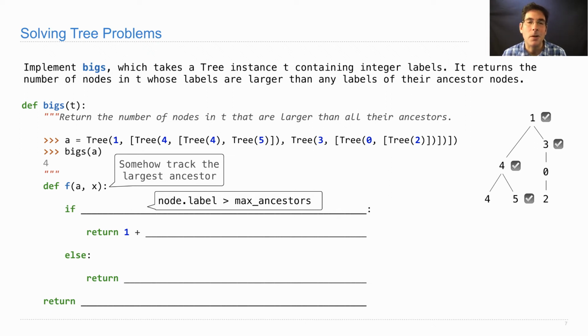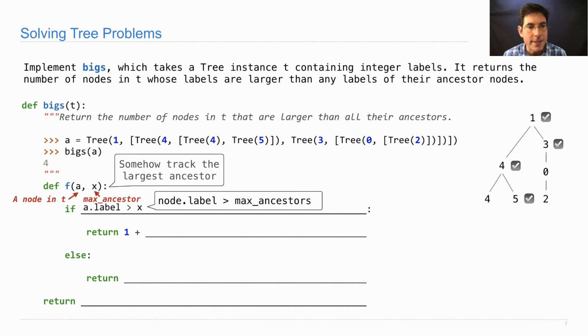Now, one thing that's artificial about taking an exam is that sometimes I force you to use particular names that are different than what you might choose. So instead of writing node.label greater than max ancestors, you should write a.label is greater than x. As soon as I write down a.label greater than x, I would write a note to myself to remember what a and x represent.